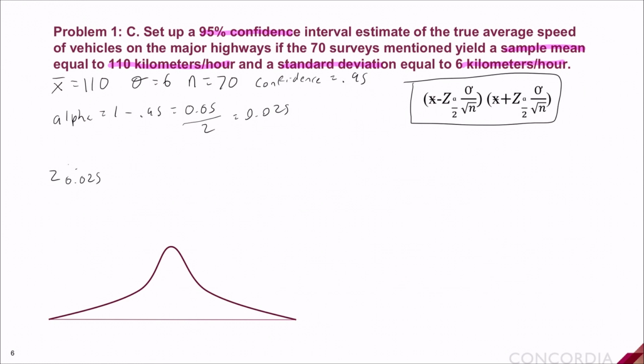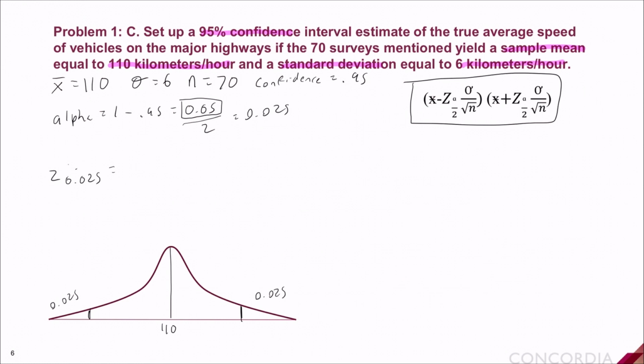To help you understand how to find that, I'm going to graph it. We have our mean in the middle, which is 110. And then we have our alpha, which was originally 0.05. However, since this problem is dealing with two tails, we have to divide it by 2. And that is having 0.025 on each end.